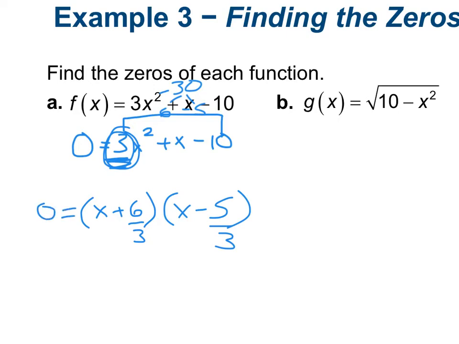If it goes in evenly, we simplify it. So we have x plus 6 over 3. 6 over 3 simplifies to 2, so we just change this to x plus 2. If it does not go in evenly, if we cannot simplify it, we move it to the front. So this becomes 3x minus 5.